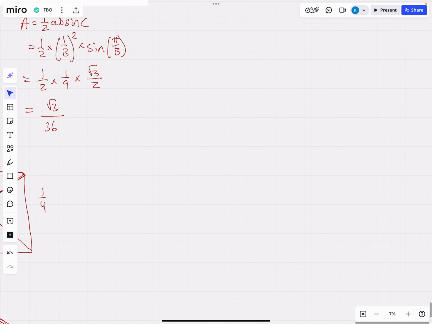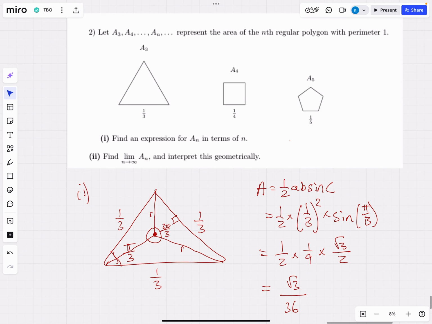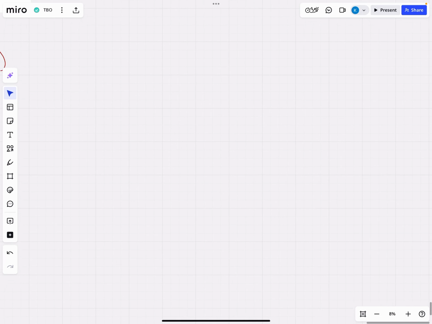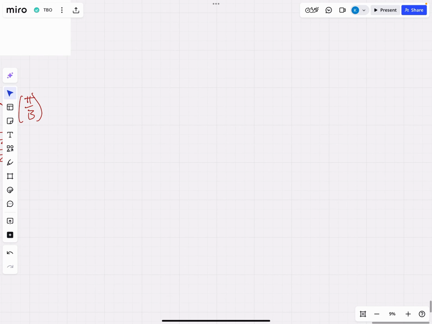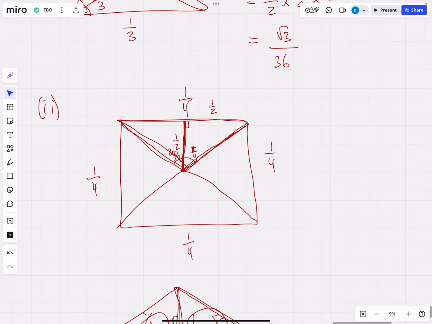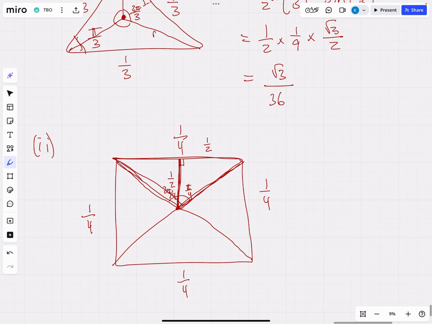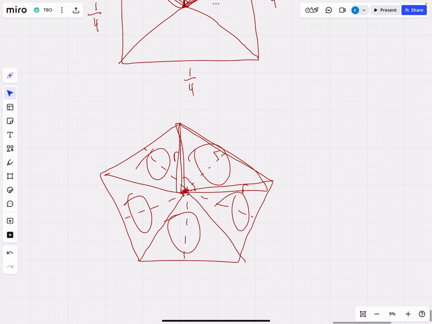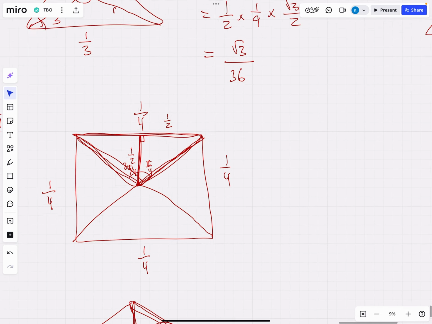So let's try and generalize this idea, because we want to find an expression for an in terms of n, right? So really, we only need to consider the triangles that we're going to build up our polygon. So if I go back here, I'm only considering, in this case, this triangle, in this case, this triangle.